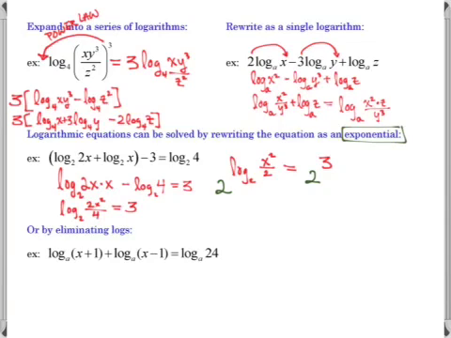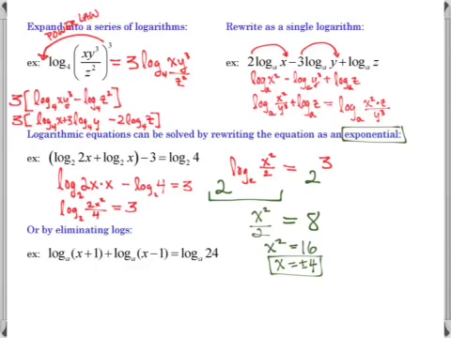Now while it looks more confusing, log base 2 of that power equals, right? 2 to that power is x squared over 2. 2 to the third is 8. Multiply by 2, x squared is 16. X is plus or minus 4. Now if we put a negative in, we'd have to talk about that in terms of our domain. But let's leave it be for now, and we'll come back to it at a different point.